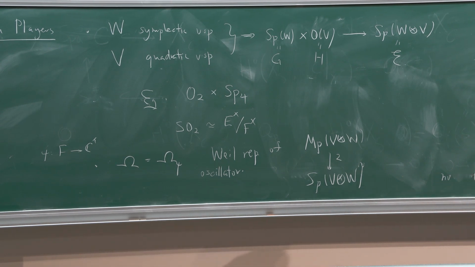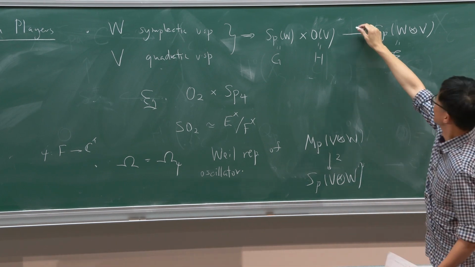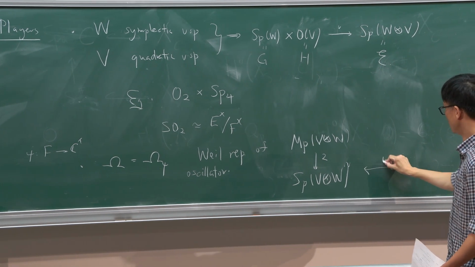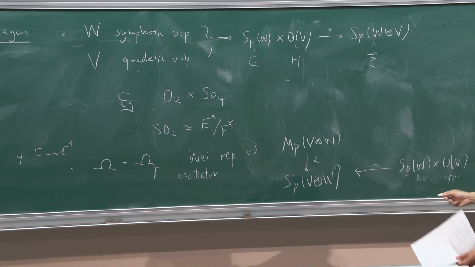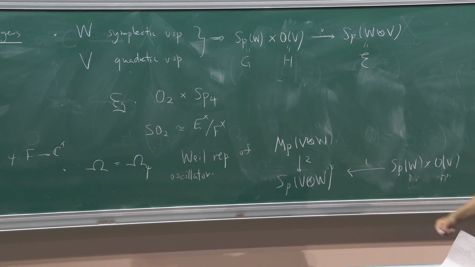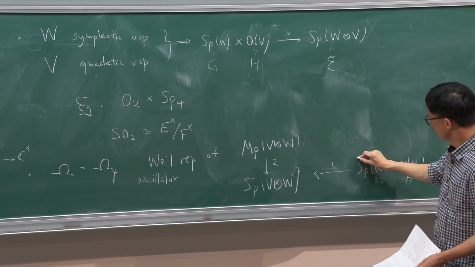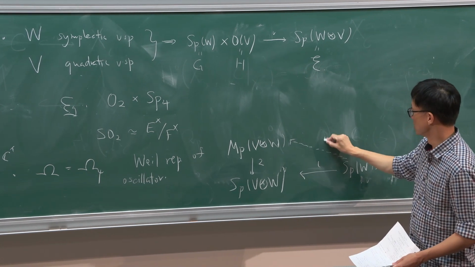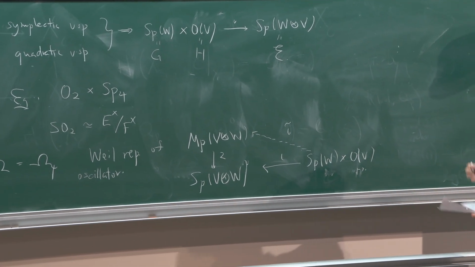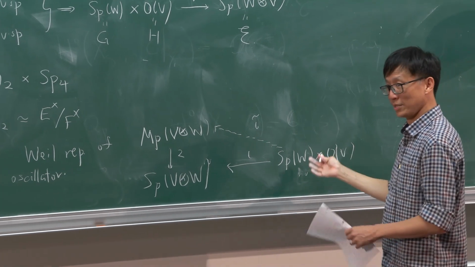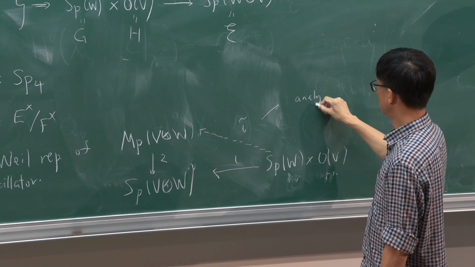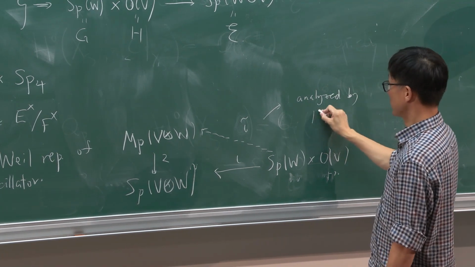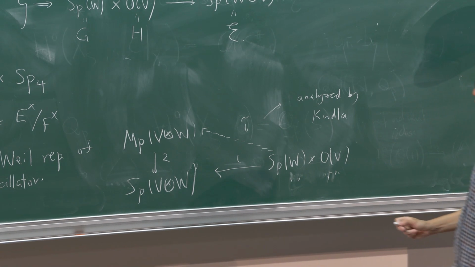But this creates a bit of a problem in implementing our general framework, because we have this map iota, and we can't really pull back. In order to pull back, you have to ask yourself if you could lift this. Sometimes you can, sometimes you cannot. This was analyzed systematically by Kudla.